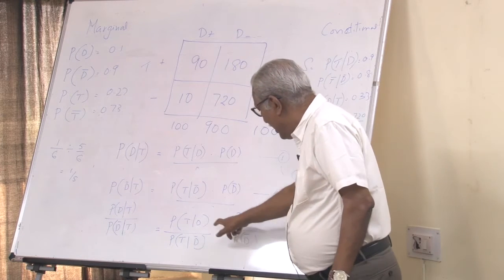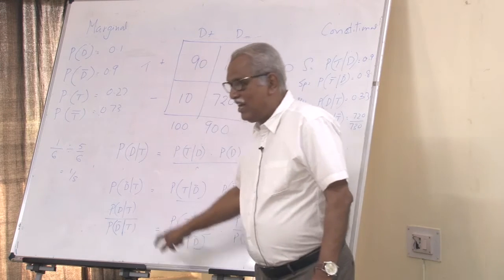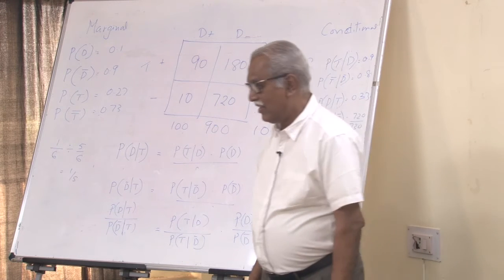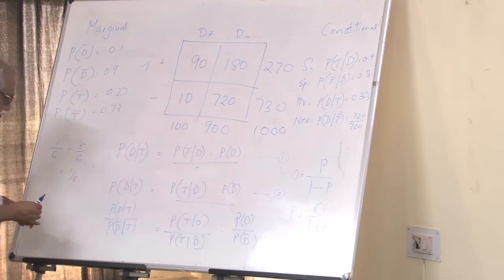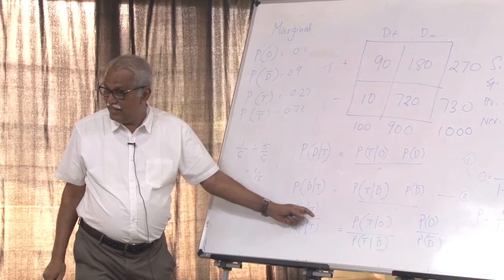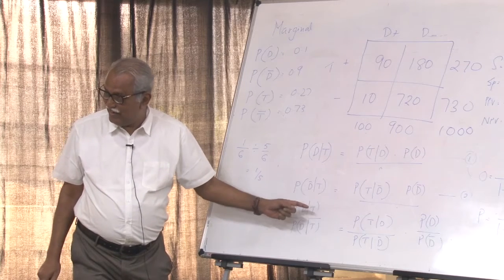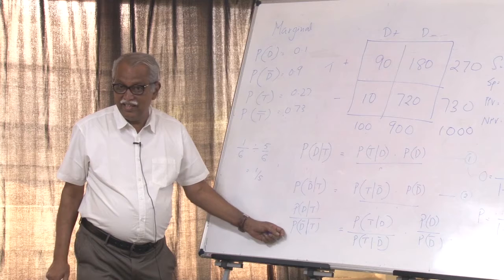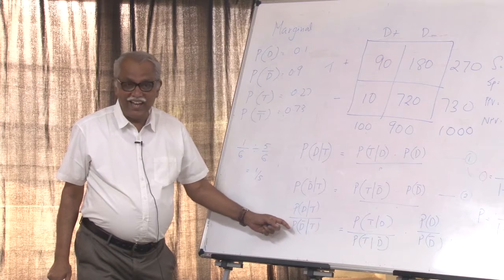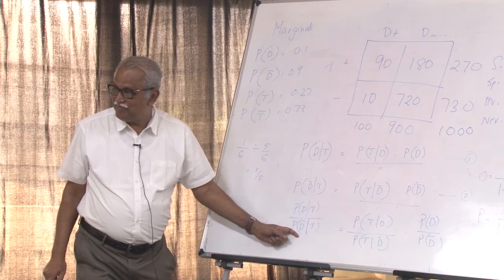What it says is, if you multiply this with this, you get this thing. Now what is that? Okay? Can you walk with me on that? This one is probability of disease given T. What is that? This is the positive predictive value. What is this? No disease in positive test. Yeah. This is 1 minus positive predictive value.